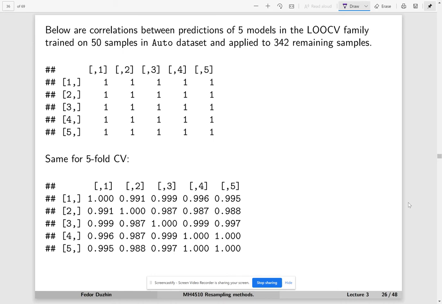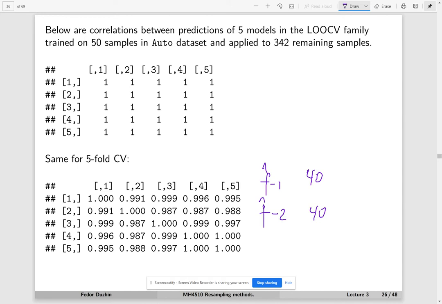In 5-fold cross-validation, again, I have 5 models, F minus 1, F minus 2. But every time I trained these models on just 40 observations.